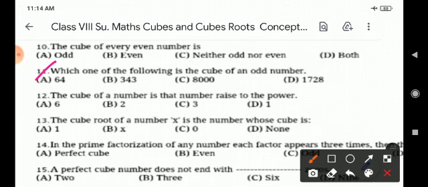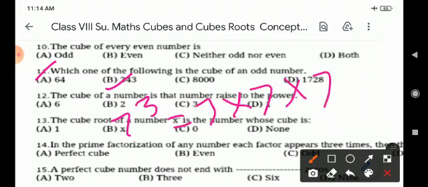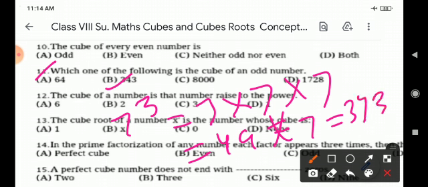That is 7 cube. It is the odd number 343. 7 cube, that is 7 sevens are 49, 49 into 7, that is 343. 343 is an odd number and 7 is also an odd number.